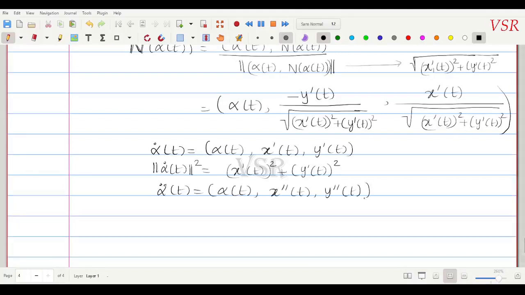Okay, இப்போ n of alpha of t which is equal to இது: alpha of t comma minus y dash of t divided by the square root of x dash of t the whole square plus y dash of t the whole square, comma x dash of t divided by the square root of x dash of t the whole square plus y dash of t the whole square.